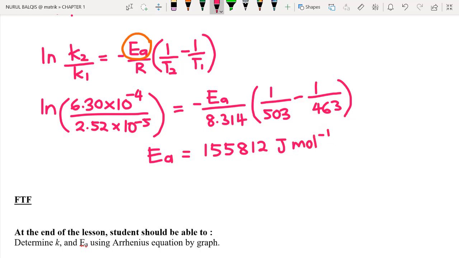But usually the EA is written as kilojoule per mole, so we need to make this value into a kilo prefix. 1, 2, 3 means in kilojoule per mole, so the answer would be 155.81 kilojoule per mole. Please don't forget the units.